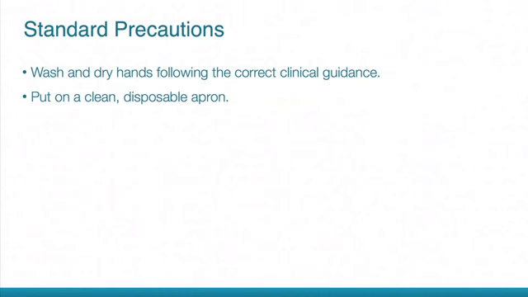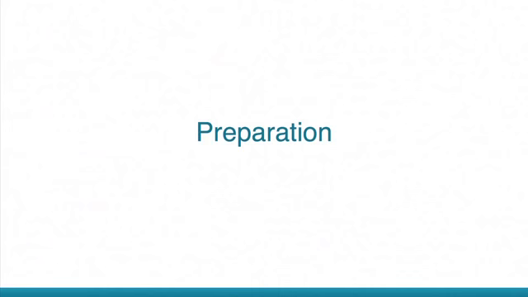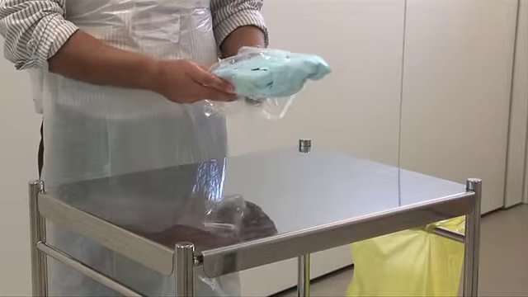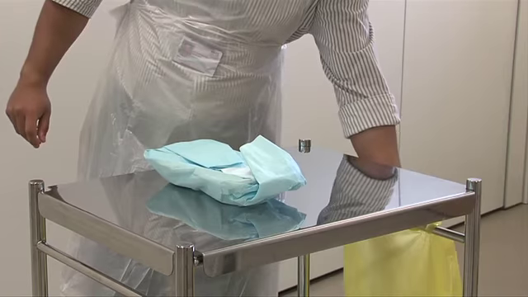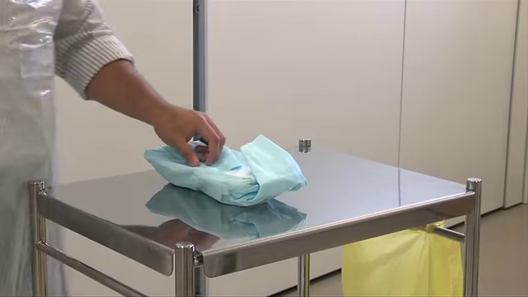Before proceeding, put on a clean disposable apron. Without touching the inner surface of the sterile catheterization pack, remove it from its packaging and open it out on top of the trolley.